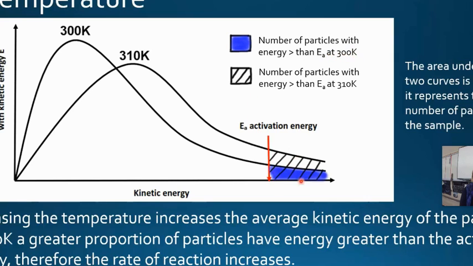The shaded part represents the number of particles with energy greater than activation energy at 310 K. So as you can see, at 310 K, there's a greater proportion of particles that have energy greater than the activation energy. So increasing the temperature increases the average kinetic energy of the particles in a sample of gas. At 310 K, a greater proportion of particles have energy greater than the activation energy. Therefore, the rate of reaction increases.